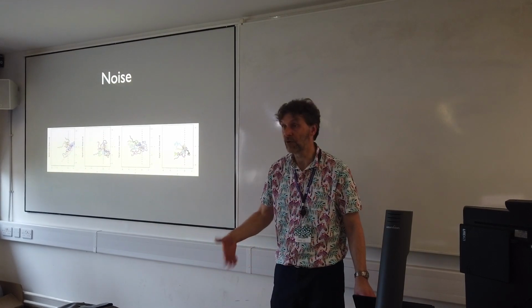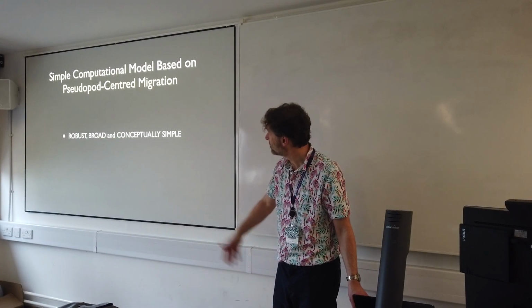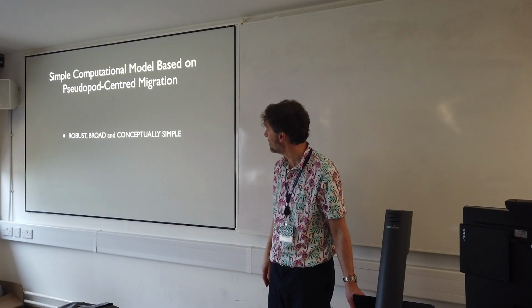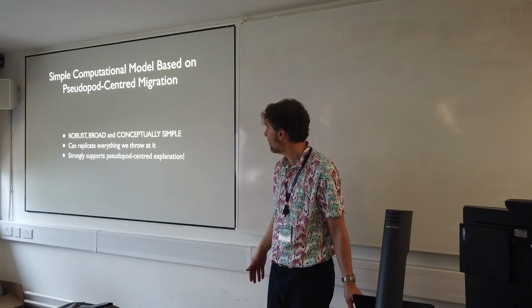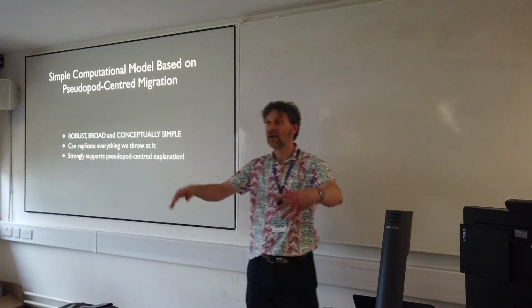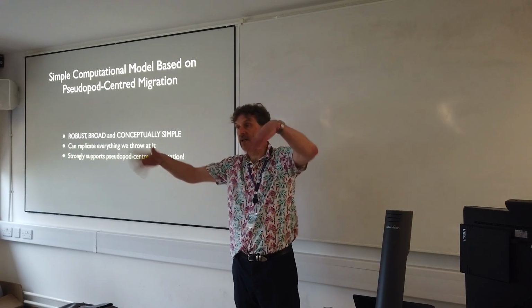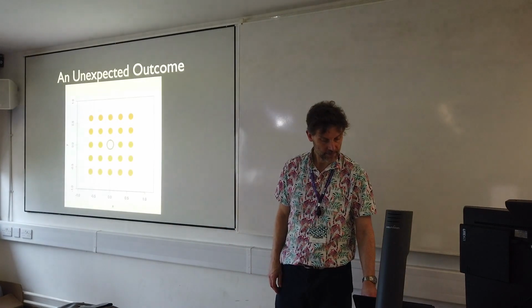So that's what your cells need to do. So it's robust, it's broad, it's conceptually simple, it can replicate all the things we wanted, and it agrees with, fortunately, me when I say that the cell is a bunch of stochastic protrusions, and you select them all.